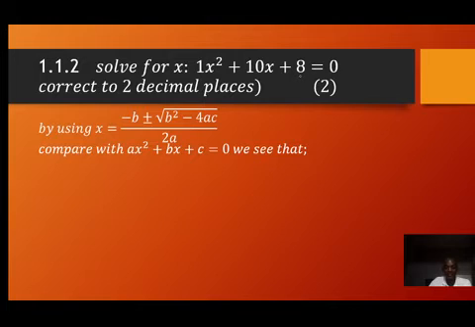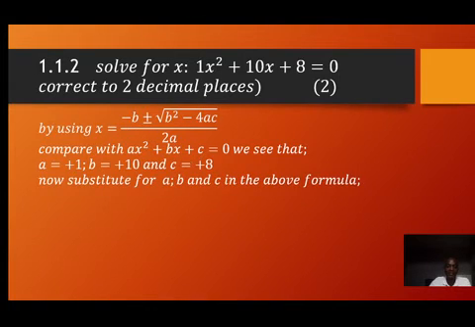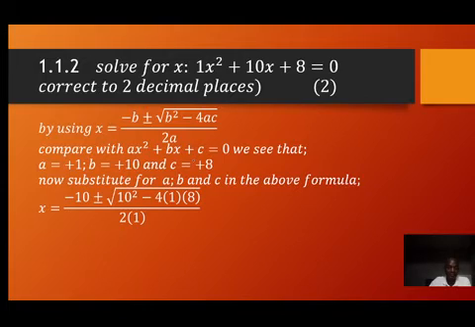Because now we have the a, b and c, we can substitute in our formula, and when we do so, we are going to have x equals minus 10, there is a negative on the formula here, plus or minus the square root of 10 squared minus 4 times 1 times 8, divided by 2 times 1.